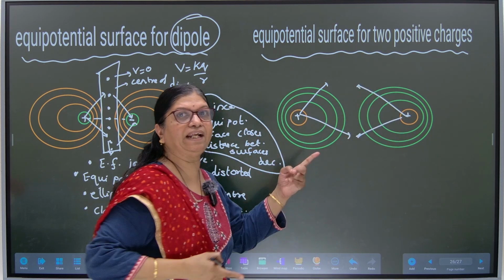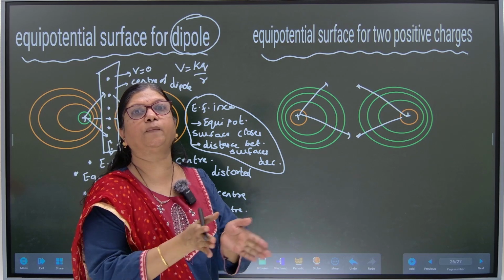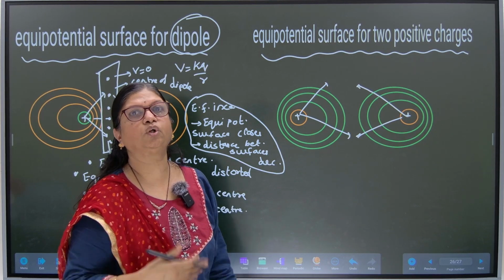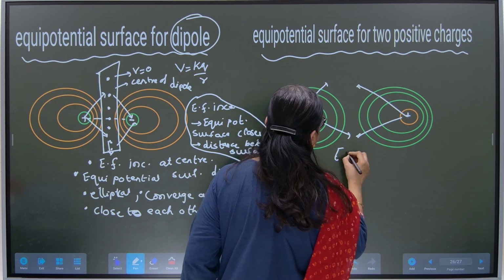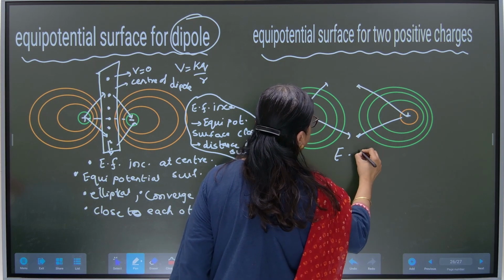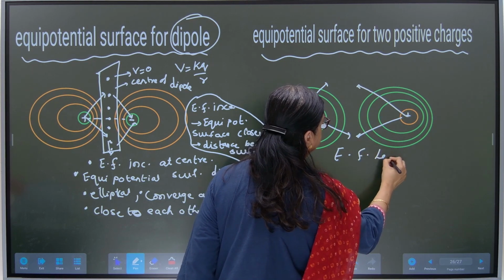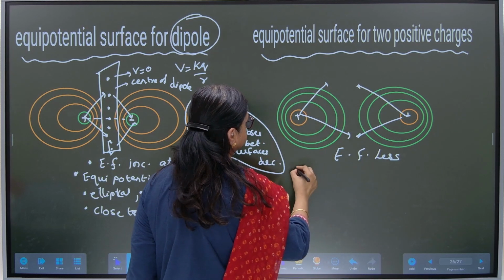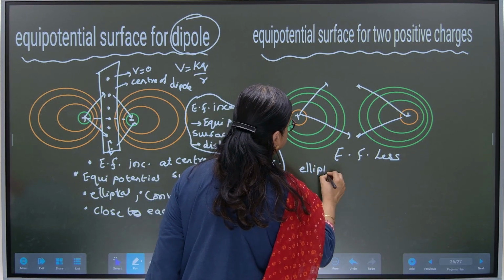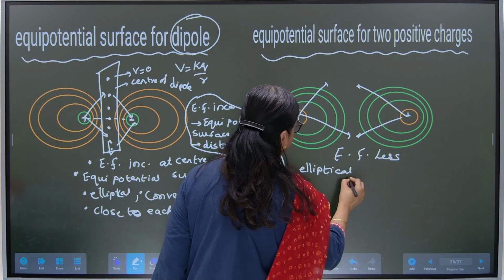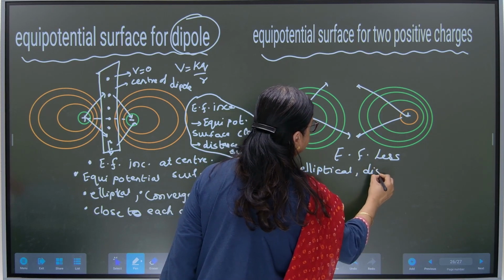So the directions in the center are opposite. So electric field value less. So elliptical shape, distorted also, same.